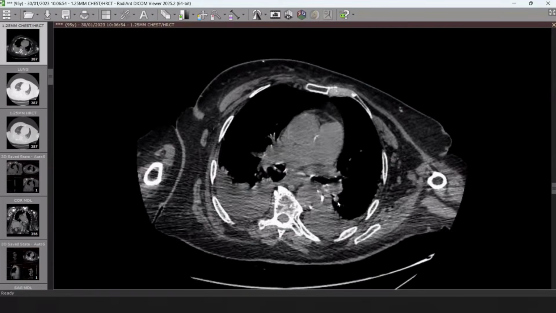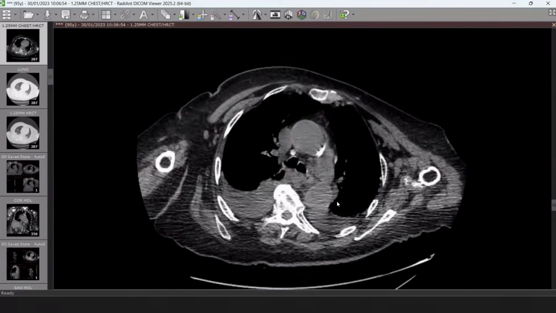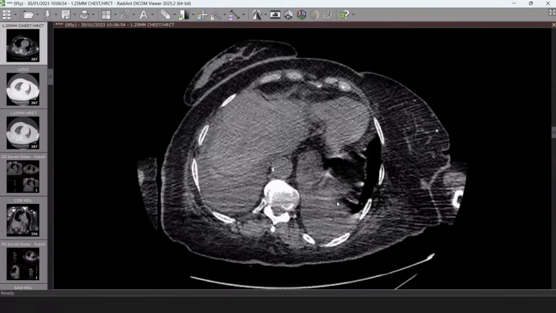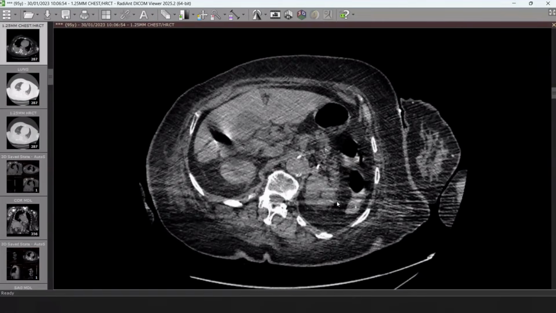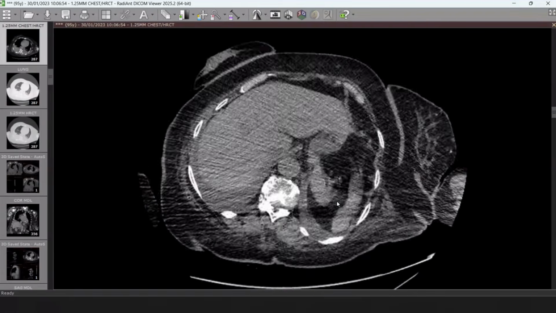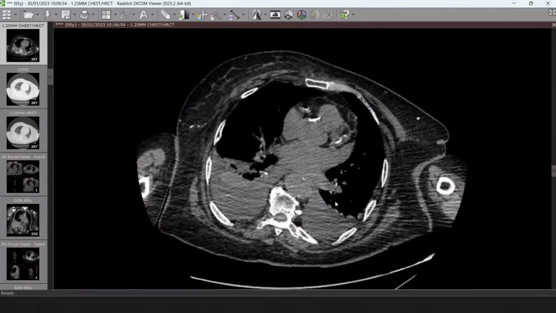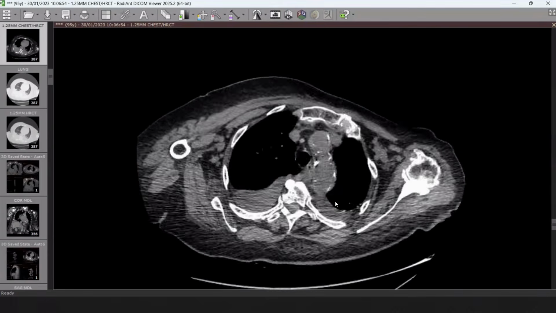I couldn't hear you really. Do you have any other abnormality? I just wanted to look at the aorta, ascending and descending aorta. You have atherosclerotic changes and mural calcifications in the aorta, but otherwise we don't have any other abnormalities.